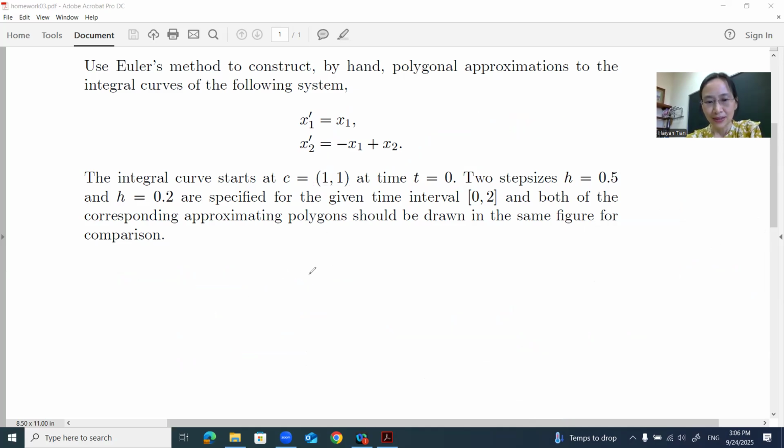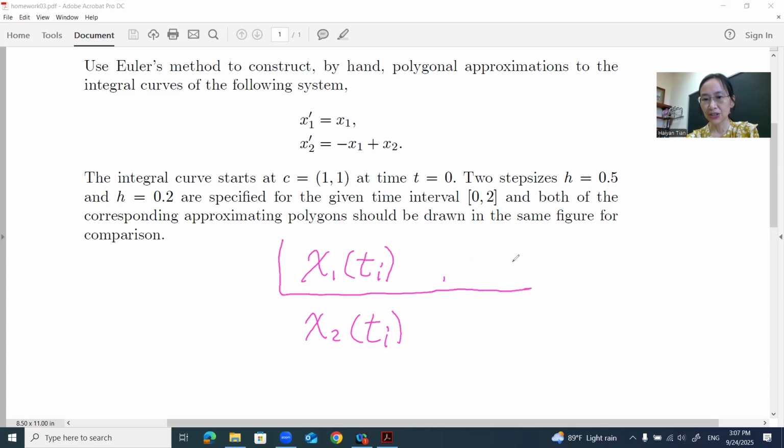So once you find the x as a vector, then you can draw that vector, because each component, right, at ti is known. Okay, first and second component at a certain time given. So at different t's, you can plot the component function for different t's.